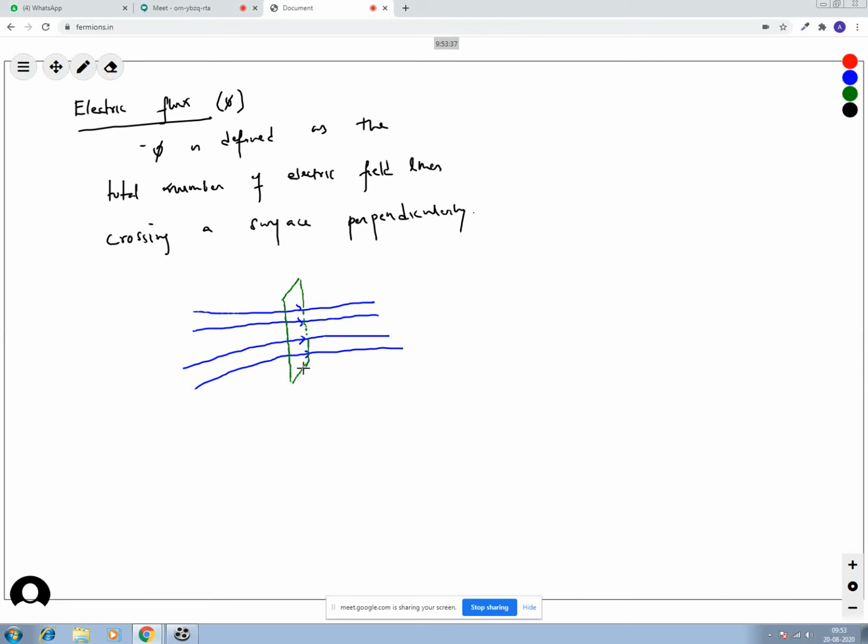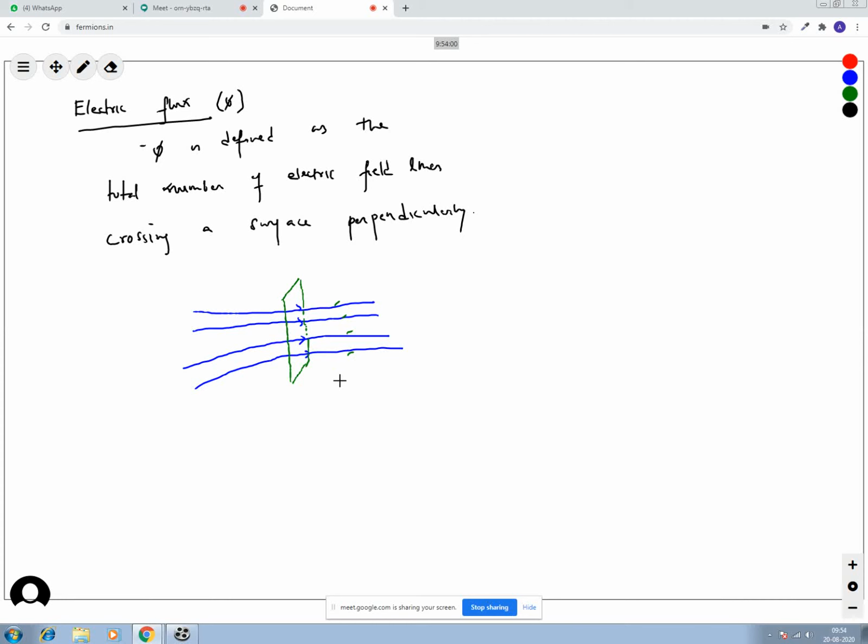We want to understand how strong E is there. If more electric field lines are coming through this surface, I will say that the flux there is quite high. Means more electric field lines are there, more electric field. So you can see how many lines are coming perpendicularly.